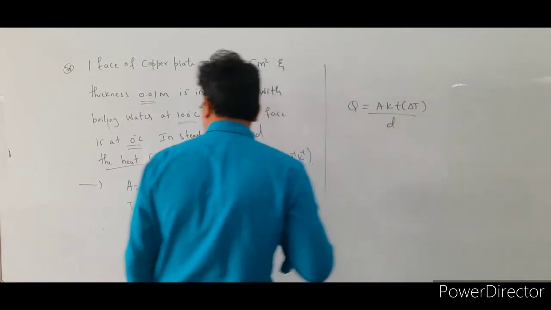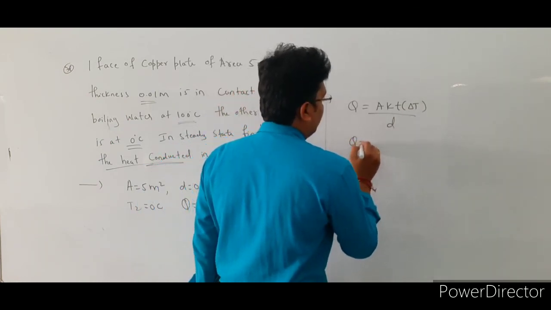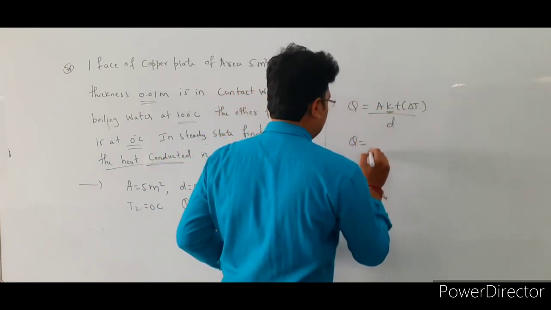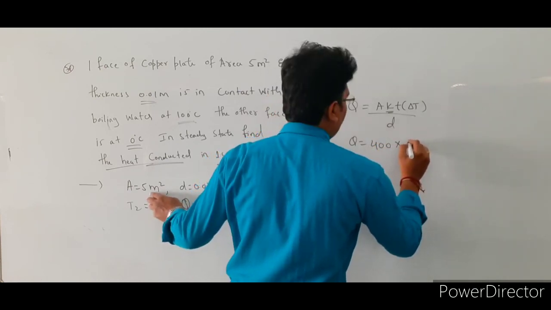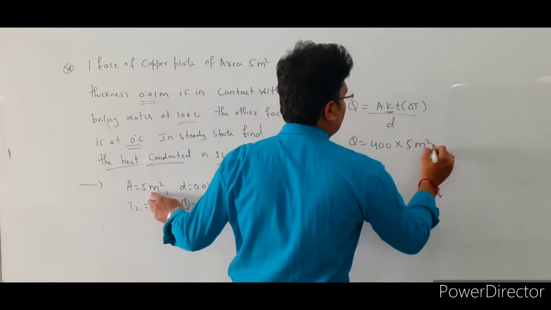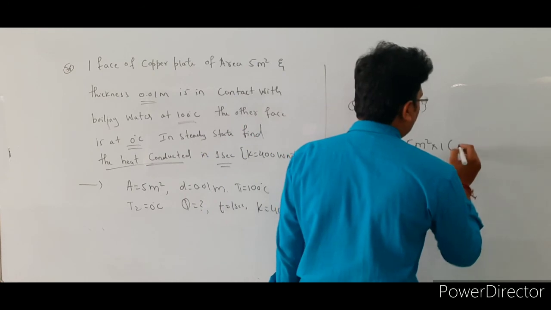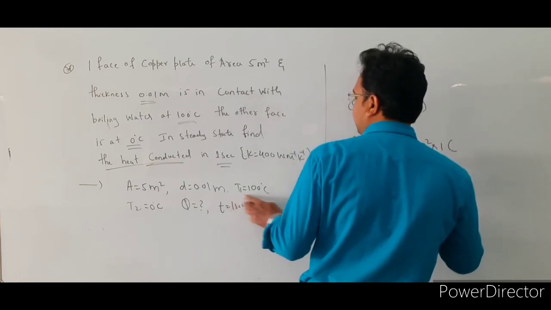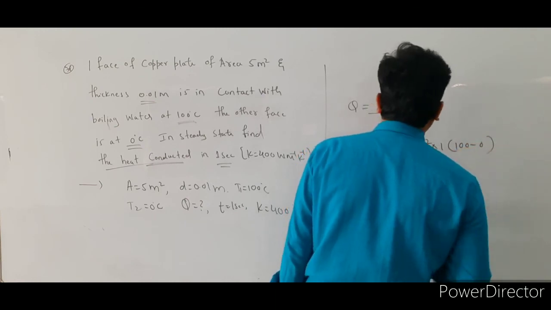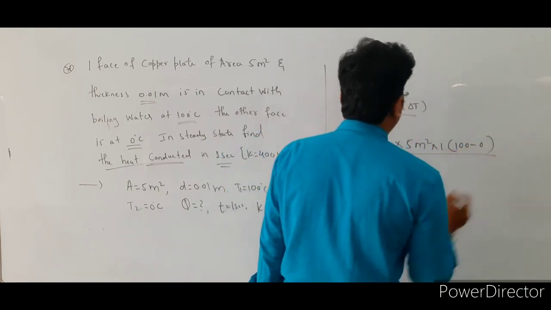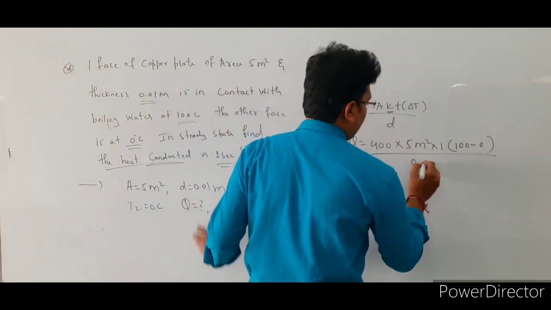Here Q is equal to K, which is 400, into area 5 meters square, into time 1 second, into temperature difference T1 minus T2, that is 100 minus 0, divided by the distance or thickness 0.01.